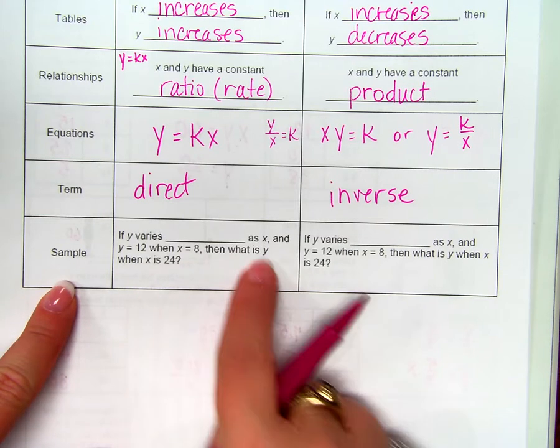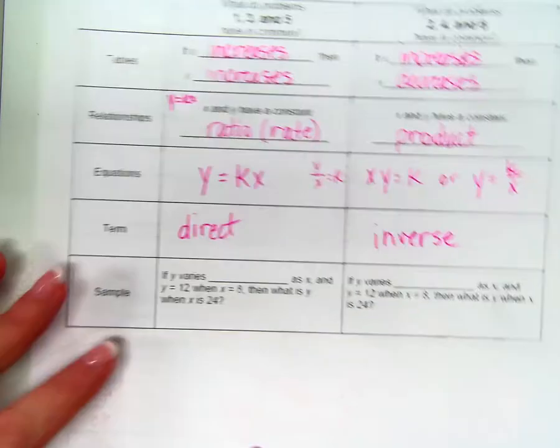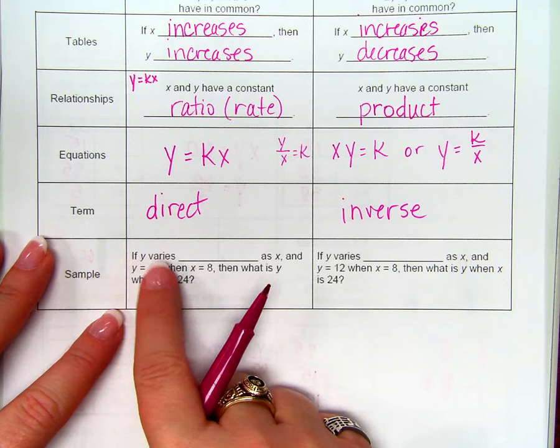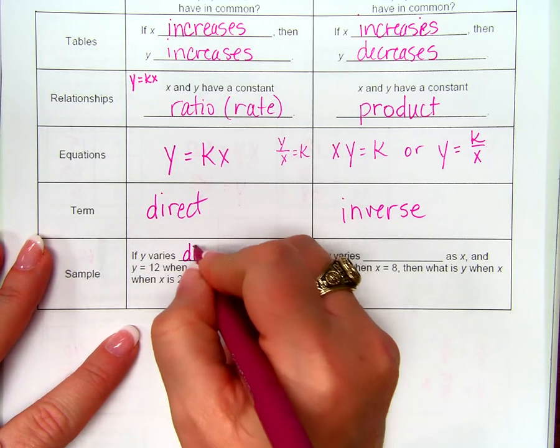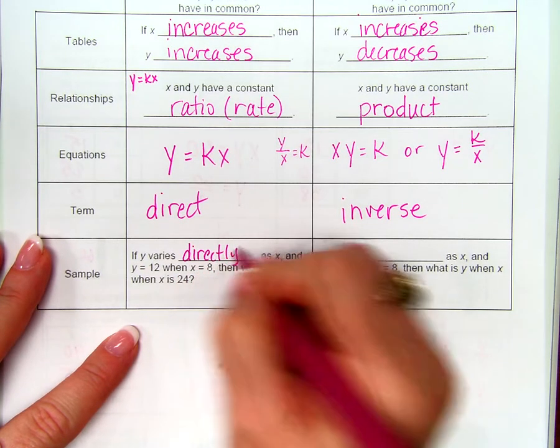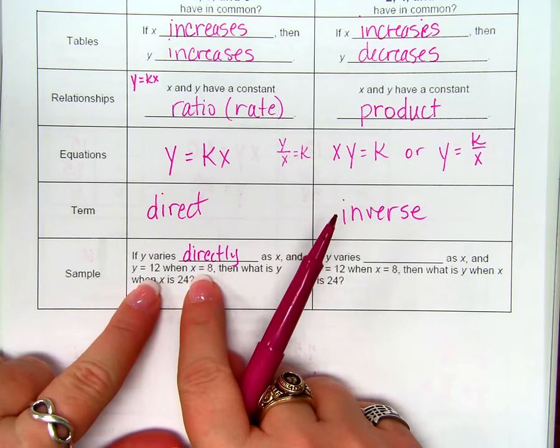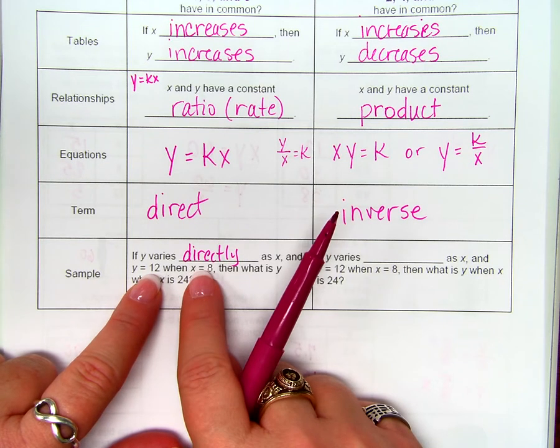Once I show you the sample question, you're going to know how to be able to do the homework that's on the next page. Okay? So the sample question will read, if y varies directly as x, and y equals 12 and x equals 8, then what is y when x equals 24? So it's going to give you two numbers that are already directly related.